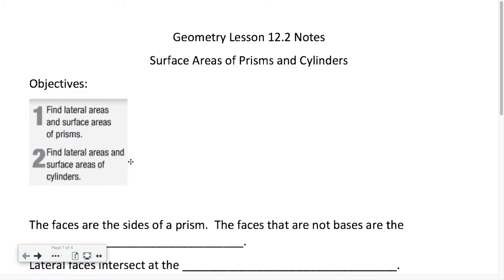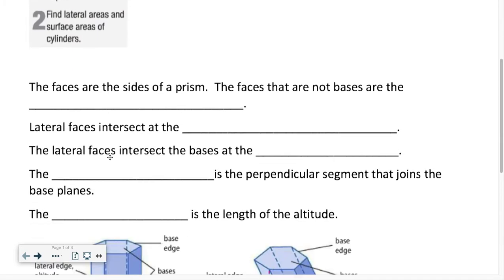Okay, so let's get through a few definitions here. The faces are the sides of a prism. The faces that are not bases are the lateral faces. We call those the lateral faces.